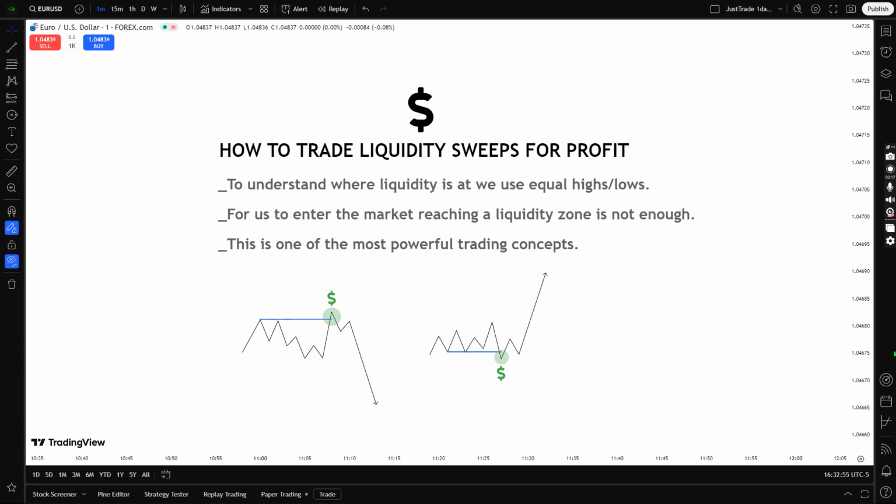Okay, so here we have two examples. This is a bearish setup. As you see, the market creates two equal highs, breaks, goes down, retraces.